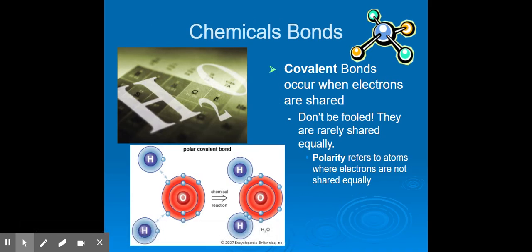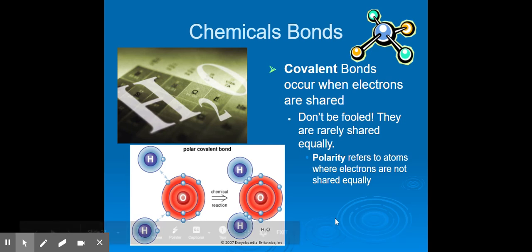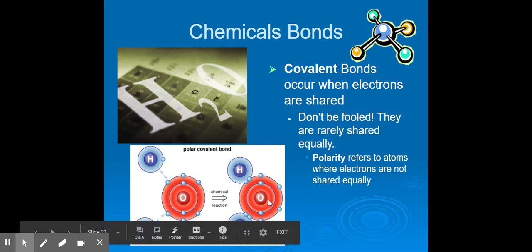Now, we talked about the nonmetals. The nonmetals will bond covalently, and that's when electrons are shared. However, they don't share equally because some atoms are actually larger than others. This right here, water, is a very good example of that. It is a polar covalent bond, meaning that oxygen has all the power here because it is a much larger atom.